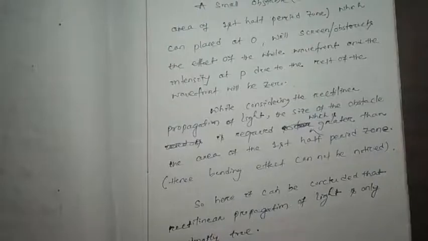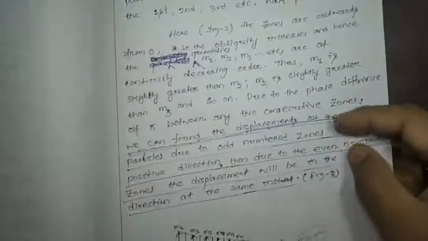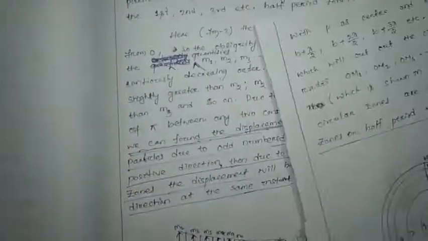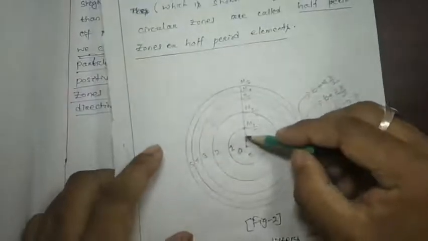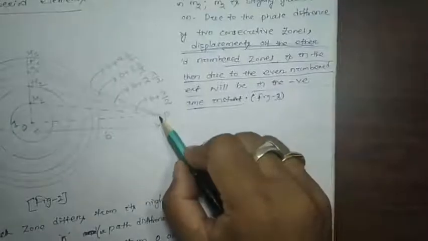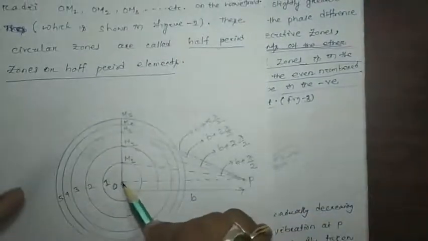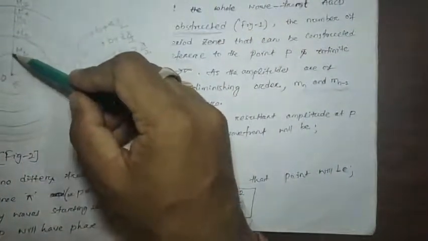So in summary, considering this type of model, the intensity gradually decreases with each half period zone, and we found that the intensity at this point is due to only m1 square by 4. m1 square by 4 means the amplitude of the first half period zone squared by 4.